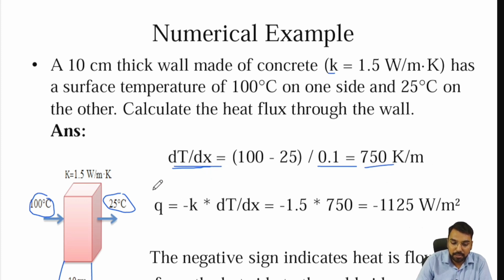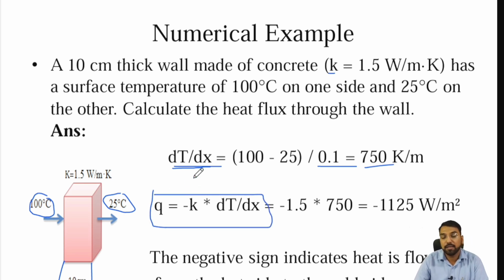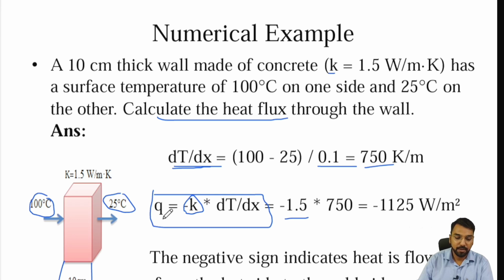And as our Fourier law states for heat flux, here we have to calculate the heat flux according to the Fourier law of heat conduction. The heat flux is equal to minus k multiplied by the temperature gradient, which is dT by dx. We have calculated dT by dx equal to 750 Kelvin per meter, so we just have to multiply these.